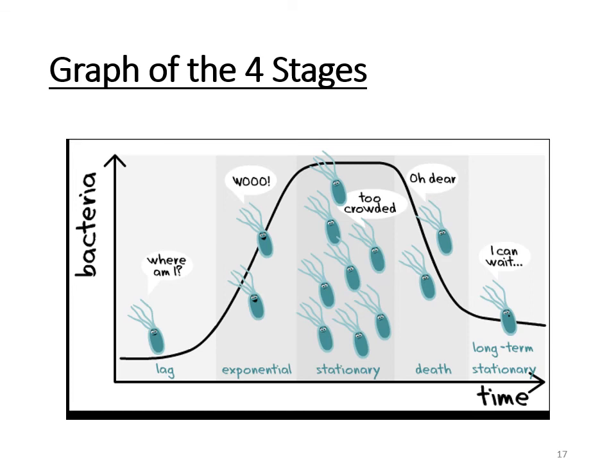Okay, so you have to know lag, log, stationary, death, and what's happening at each one. Okay, so lag is the prep phase. Log is when they're metabolically active and replicating. Stationary is when you have too many of them building up. And death phase is once they're now used up nutrients, there's too many wastes, and they're dying off.